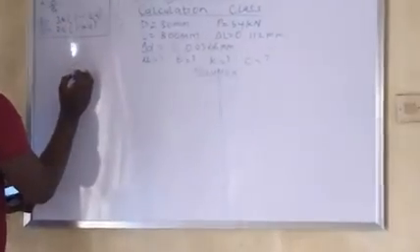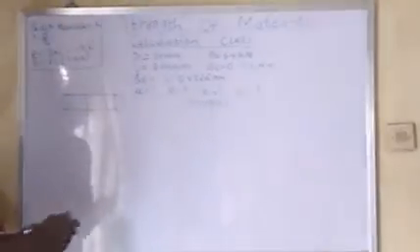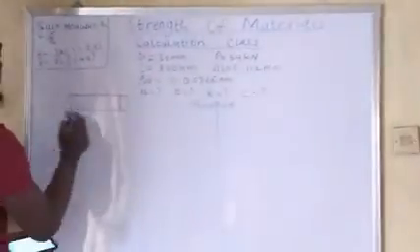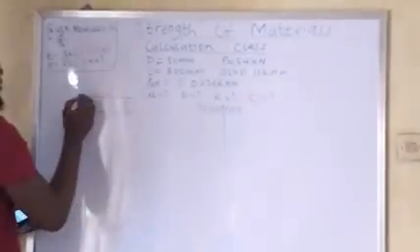Let's draw a cylinder. Let me draw the bar. The bar is in cylindrical form. First, you have the gauge length, and this is the diameter.